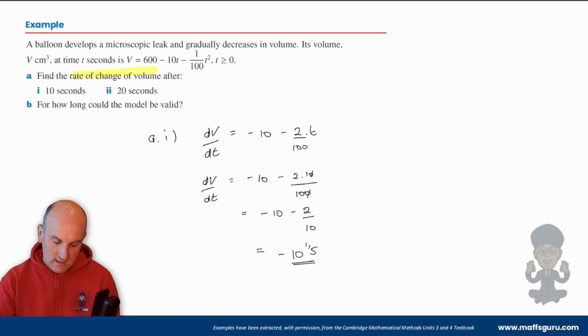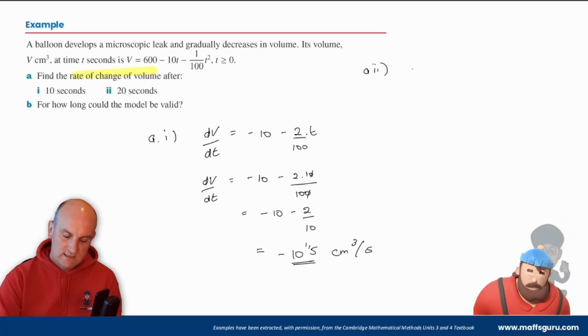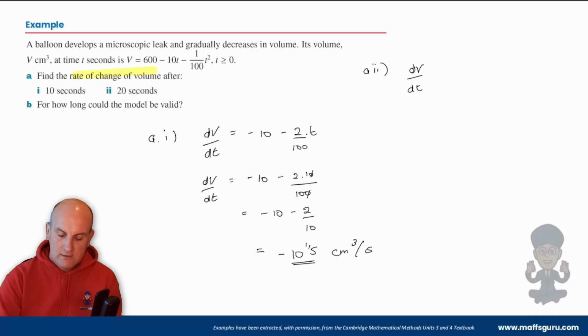So my rate of change there is going to be centimeters cubed per second, because they give me the volume in centimeters cubed and seconds. 20 seconds. Well, again, if I wanted to do a part 2, then my dV by dt, you would just substitute 20 into here.